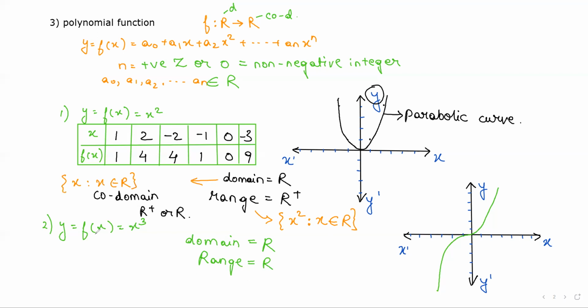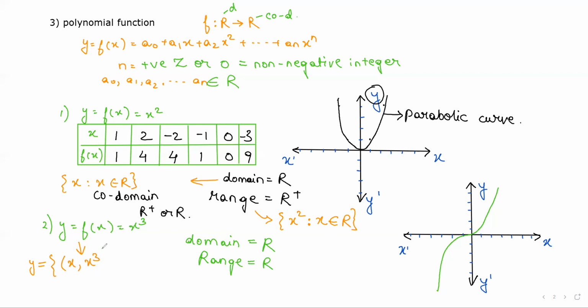Similarly, this function in general can be defined as y equals an ordered pair of x comma x cube, because x comma f of x is x cube.